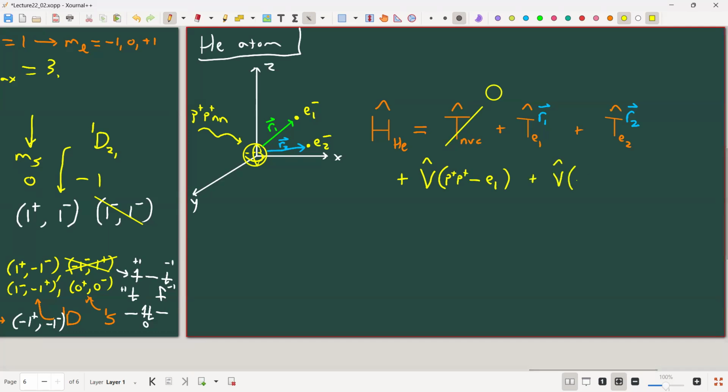We have the electrostatic attraction between the nucleus and electron 2. But we have a new term that we haven't dealt with yet. There's another interaction, which is the interaction between the electrons. Slightly different. We have a third term now, which is the interaction between E1 and E2.